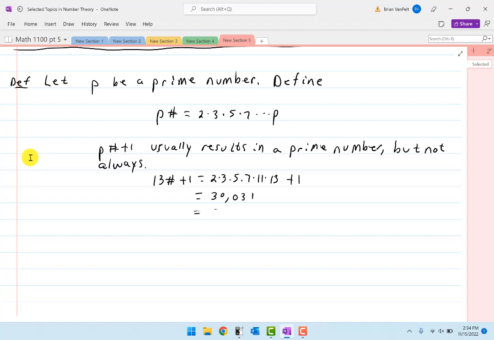And it turns out that this can be factored as 59 times 509. But many times you'll get primes. In fact, many times P pound minus 1 and P pound plus 1 will be twin primes.